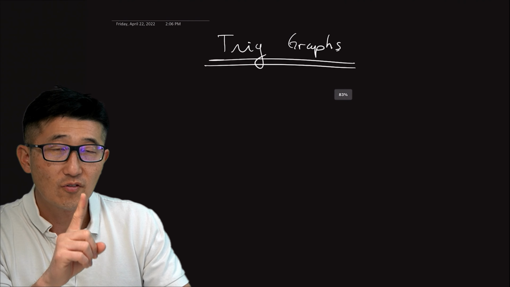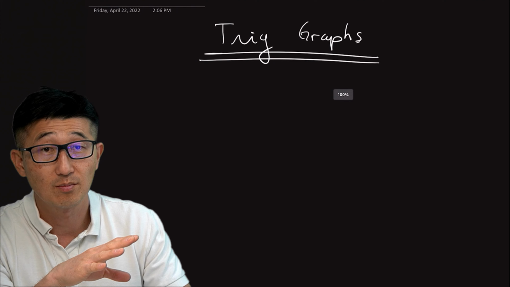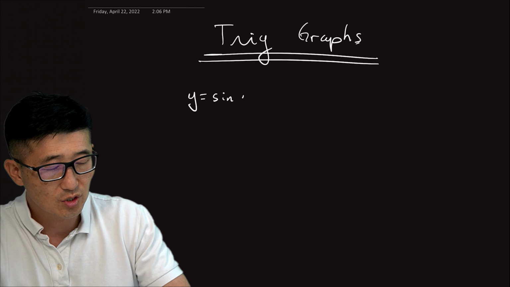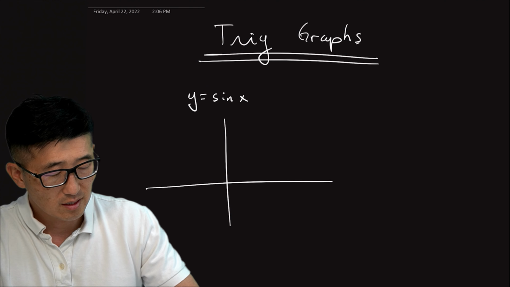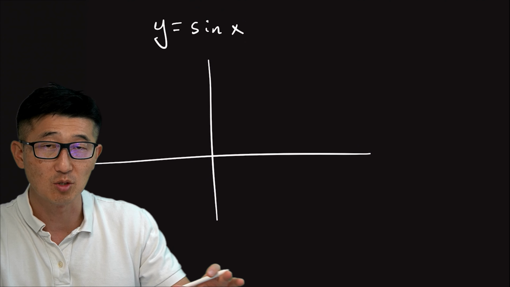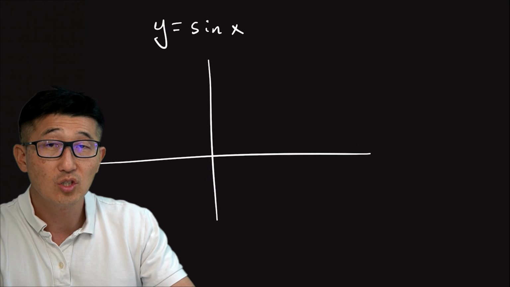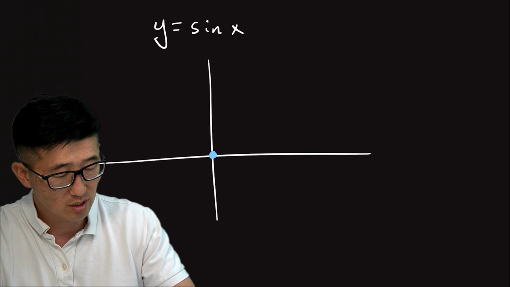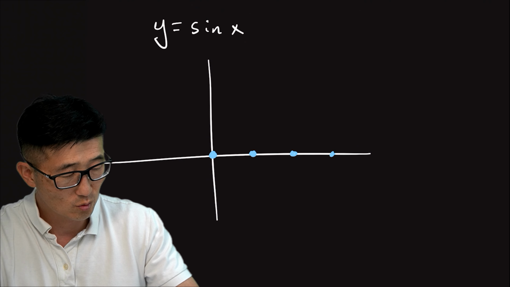The first thing we have to learn is just the shape of the graphs. You have to memorize the shape. When you see something like y equals sine x, the way you graph these is pretty much the same in terms of shape. You always put 5 dots on the x-axis: 1, 2, 3, 4, 5.